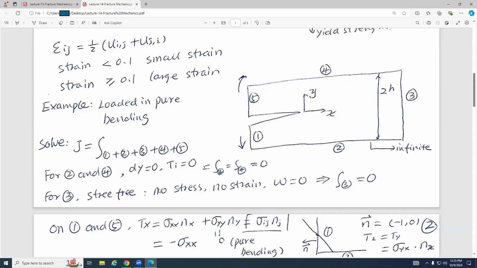That's the reason on these two segments ds equals negative dy, because the direction is going down. As I said, this gamma must be counterclockwise. If you go clockwise, you will have a negative sign.